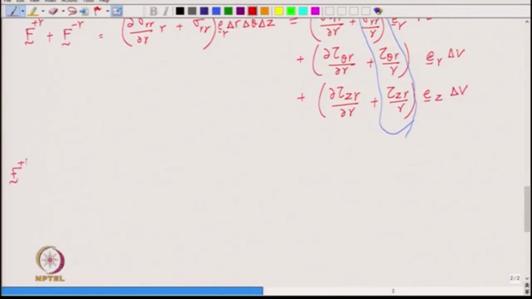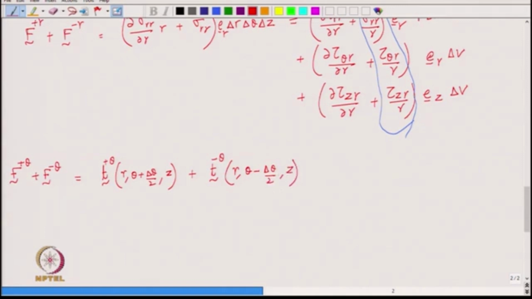The force on plus theta plus the force on negative theta has the traction on the plus theta plane, evaluated at the center of the plus theta plane, which is at r comma theta plus delta theta by 2 comma z, plus the traction on the negative theta plane, evaluated at r comma theta minus delta theta by 2 comma z, and this whole thing has to be multiplied with the area of the theta plane, which is the same for plus theta and minus theta.